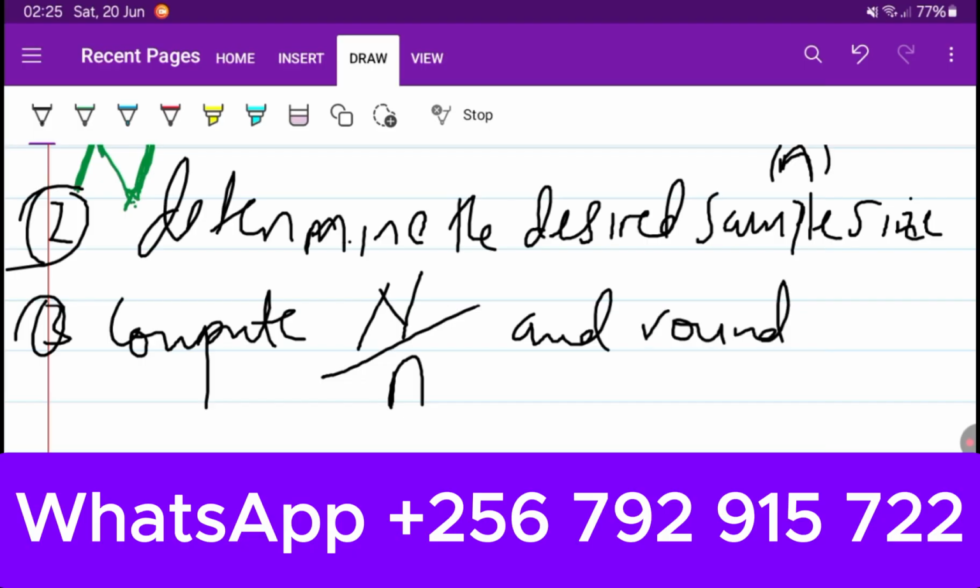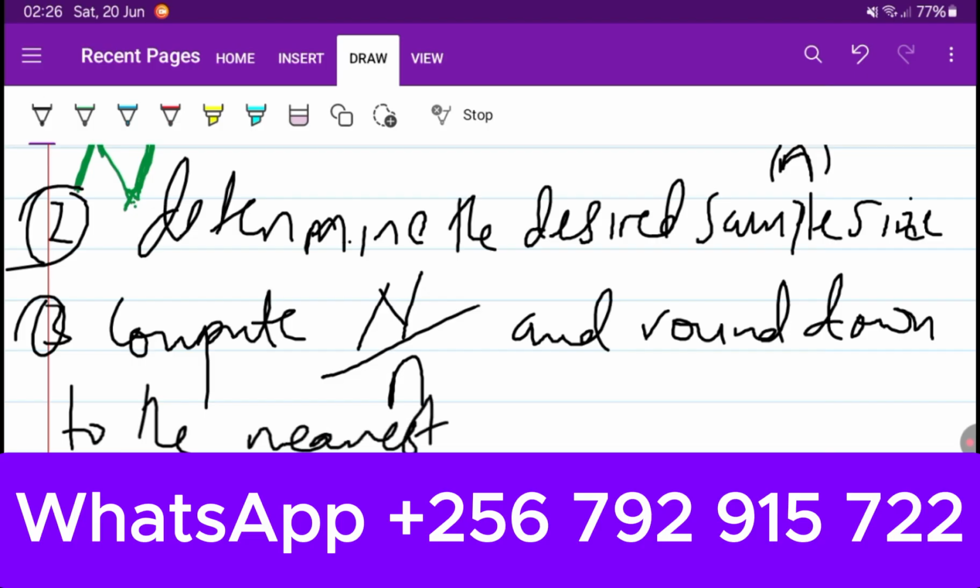Actually, you round downwards. You round down to the nearest integer.